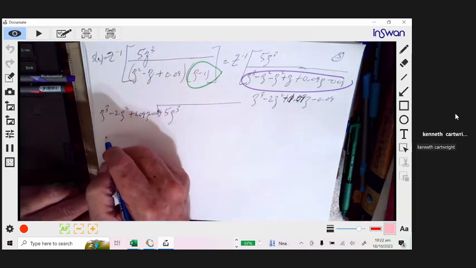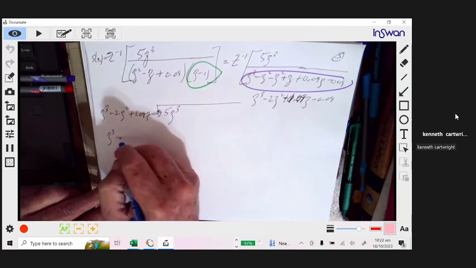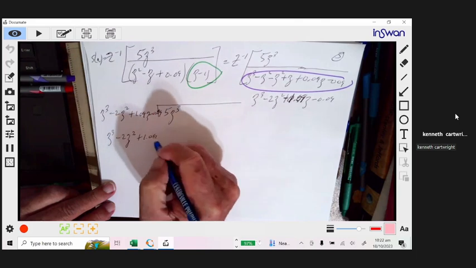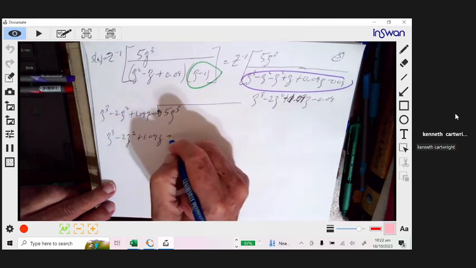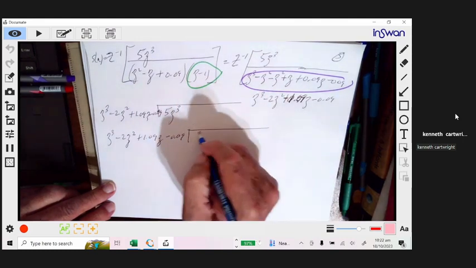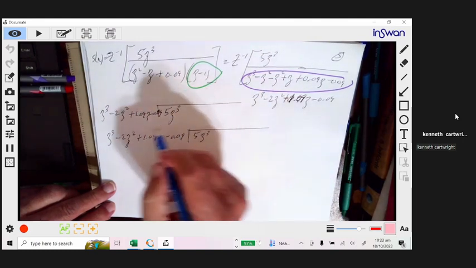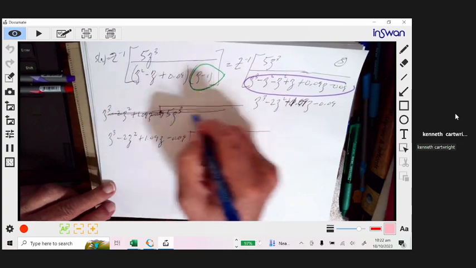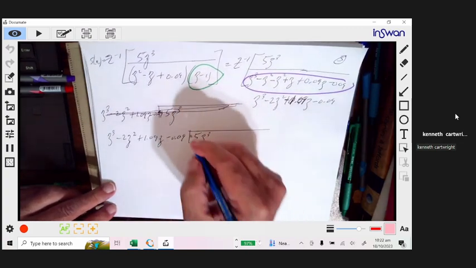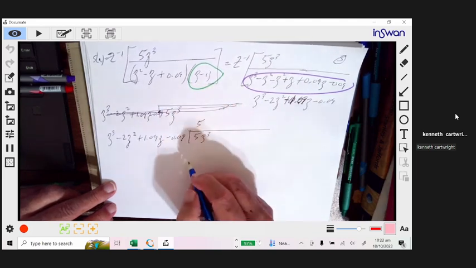Z cubed minus 2z squared plus 1.09z minus 0.09, into 5z cubed. So this goes 5 times.